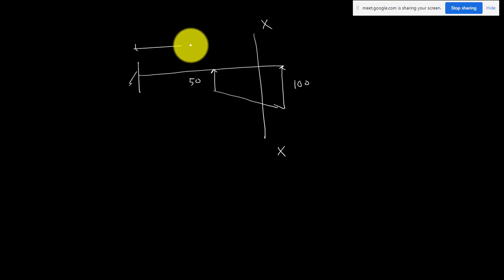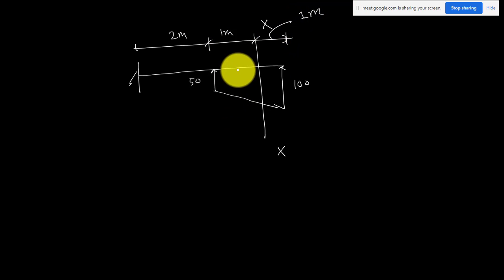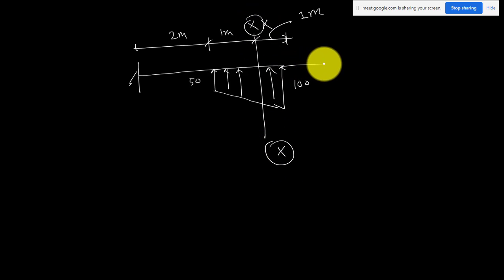This length I am taking as maybe 2 meters. Okay, I am taking it as 1 meter and 1 meter, so that it will be easy to solve. This is your trapezoidal load, not this question, just an example. I want to write the moment equation at this section due to this load.